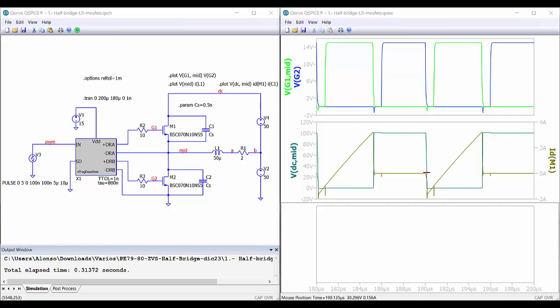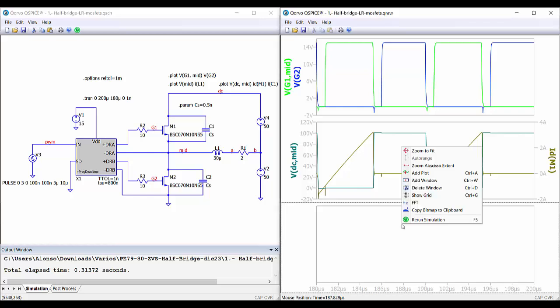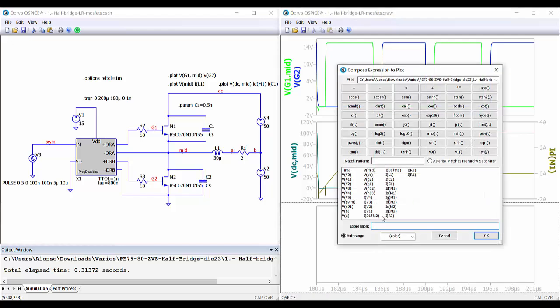The voltage here in blue and the current through the drain in green. And then we can measure the current going through the body diode by adding a plot and selecting here ID1 of M1.